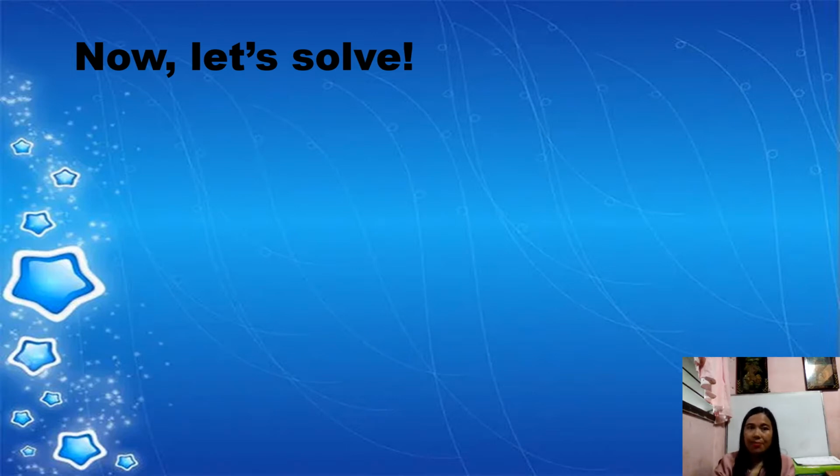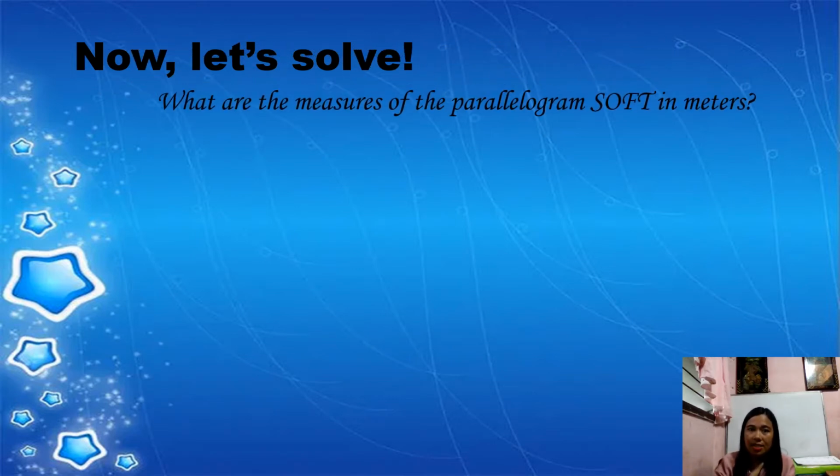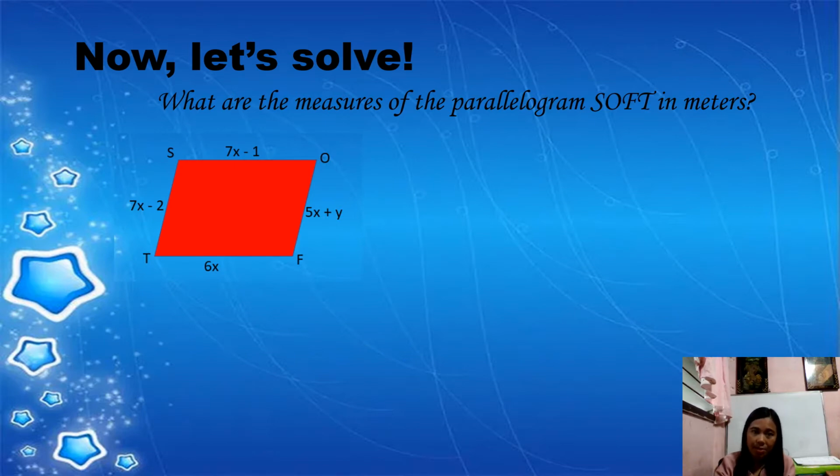Another example is, what are the measures of the parallelogram SOFT in meters? So we have this figure. Given that SO is 7x minus 1, and the rest of it. From the figure, we know that this illustrates property number 1, wherein opposite sides are congruent.